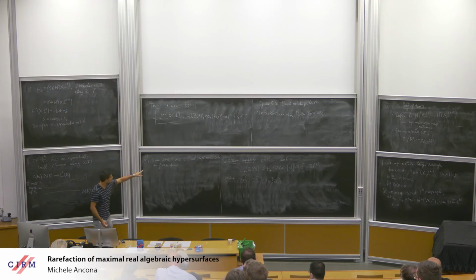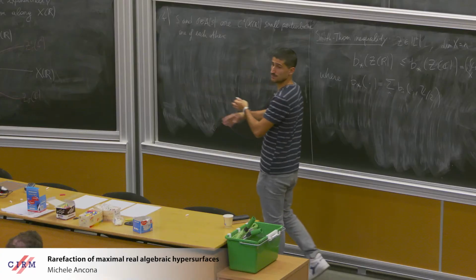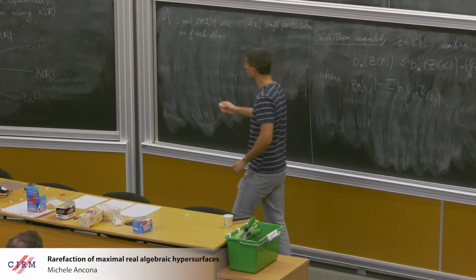So by the isotopy lemma, if the C1 norm of S is big enough, we know that a C1 small perturbation doesn't change the topology.